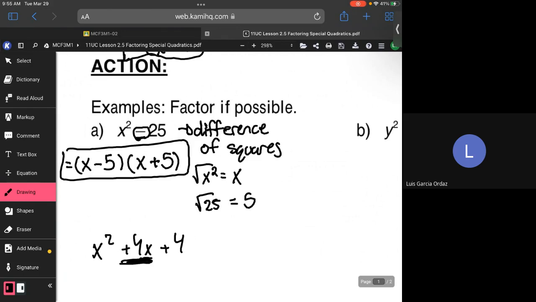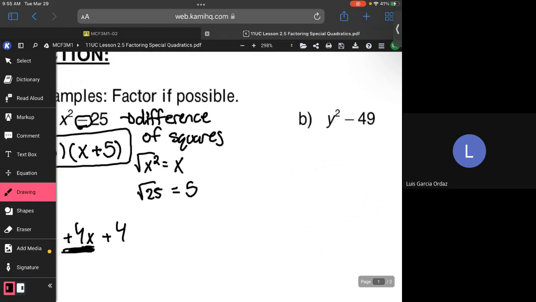We only have the x squared part and then the last part. If it's a difference of squares, we'll have a negative. The difference of squares only has minus in the middle. So it'll always be x squared minus 25, x squared minus 9, a squared minus 4, and so on and so forth. A difference of squares has no middle term. It just has two terms.